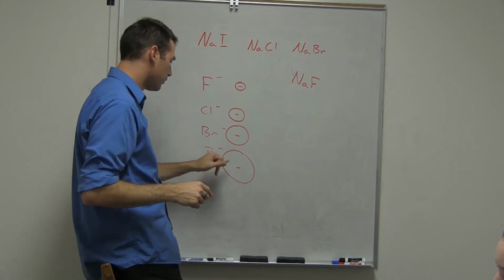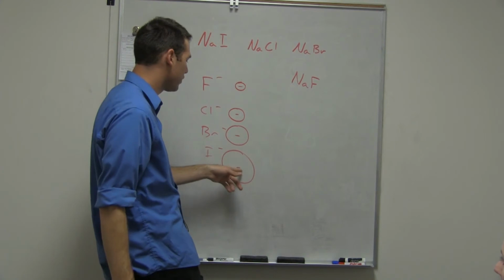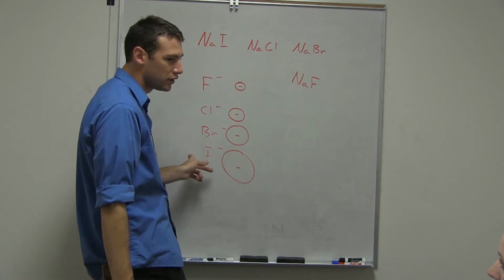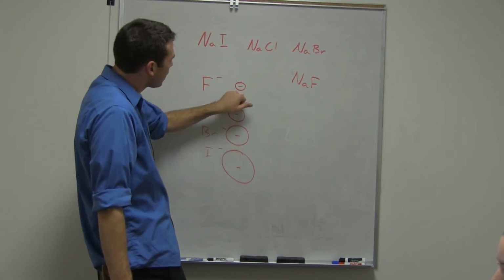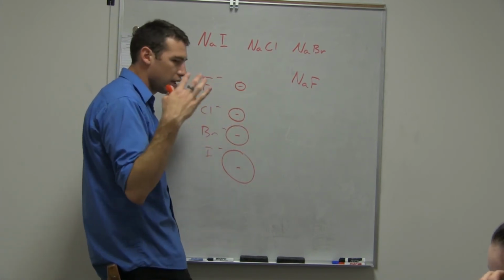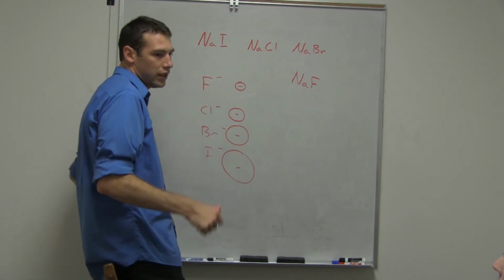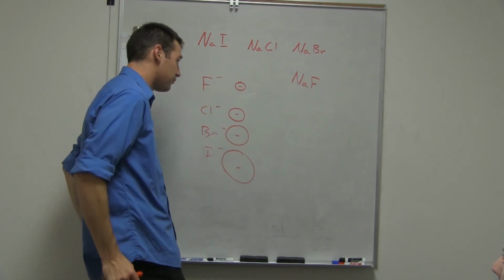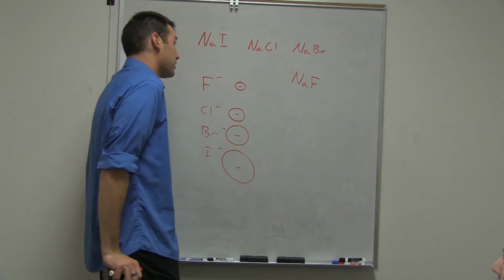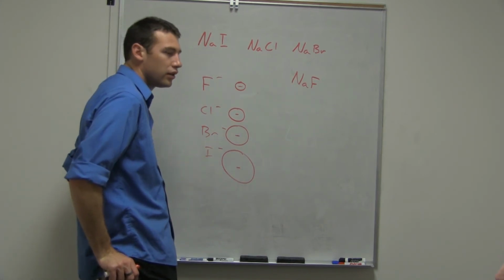This is what is supposed to help it hold on to the sodium ion. Fluorine, being more concentrated, is able to put a lot more energy into that connection with sodium. And so fluorine is somewhat insoluble in water, whereas iodine dissolves.